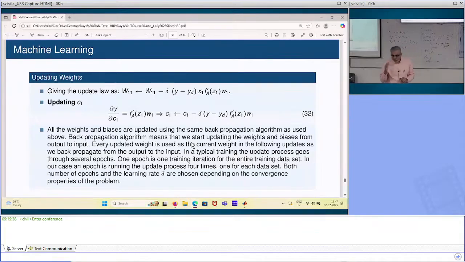Back propagation, for good reasons, is very stable. You update the rightmost things, then you use those updates to go one after another till the end. And that's a very powerful algorithm, back propagation, and that's how all the neural networks are trained.